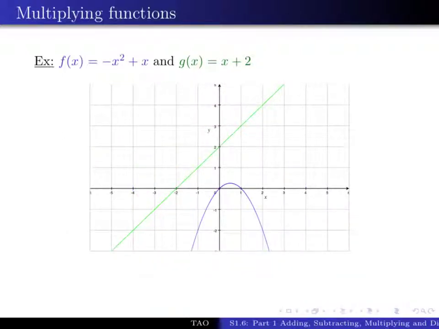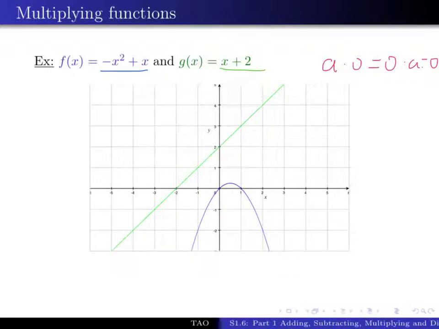Okay. Now here we're going to try multiplying some functions. We have this nice linear x plus 2 and this quadratic minus x squared plus x. Okay. Now one of the things that I want you to remember about multiplication is a times 0 is 0 times a is 0.